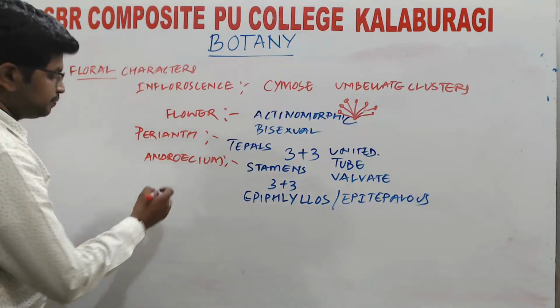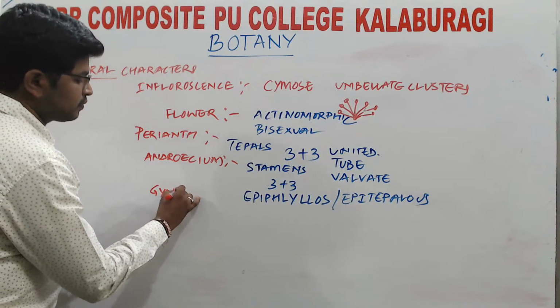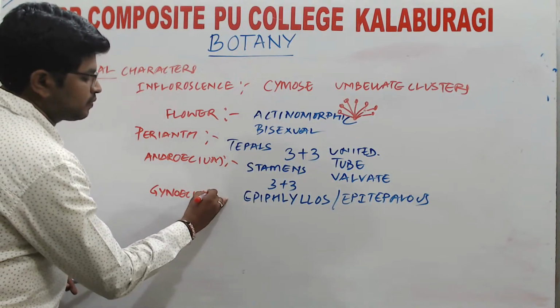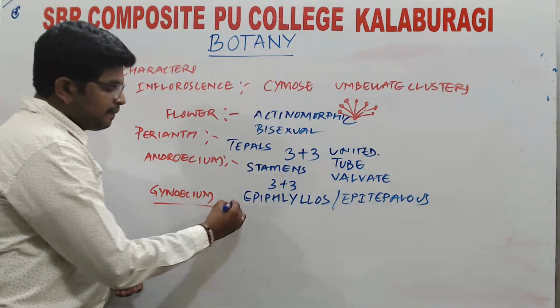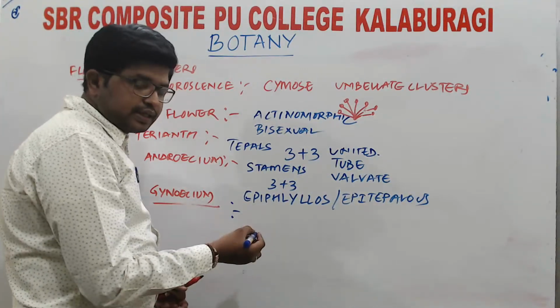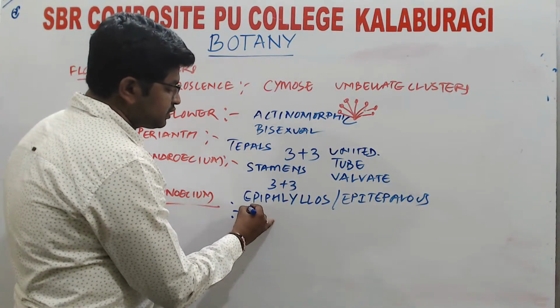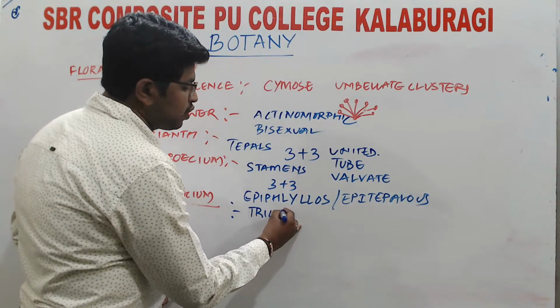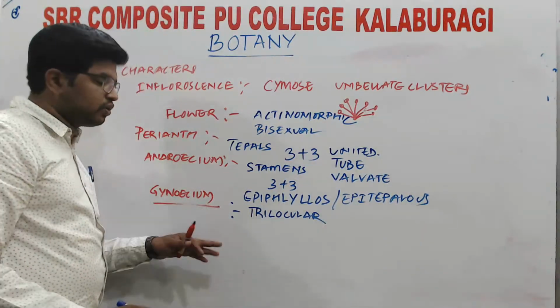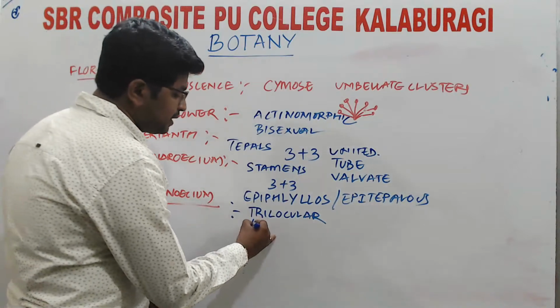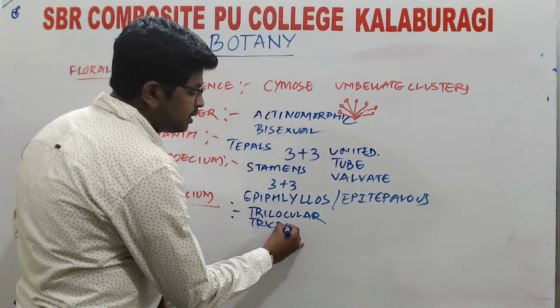The gynoecium. In the gynoecium you will see carpels which are trilocular. Trilocular means there are three locules, and three carpels, tricarpellary.